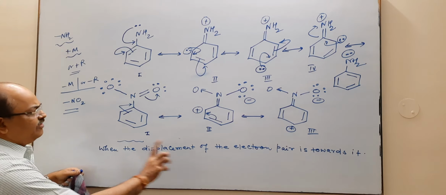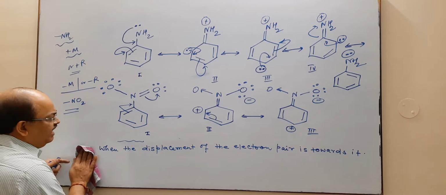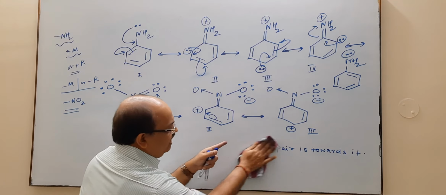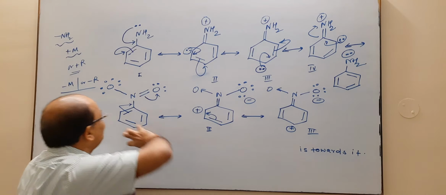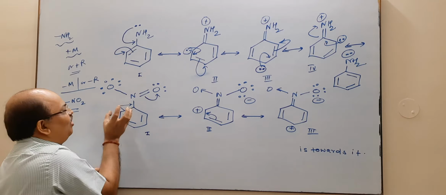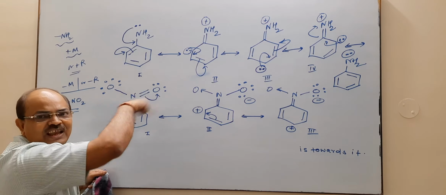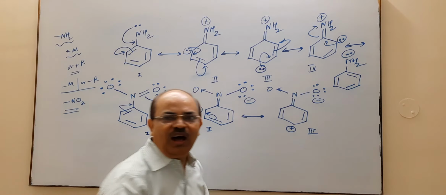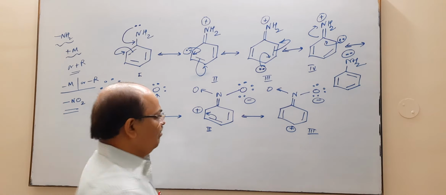Now in this case you just observe why it is minus M, because the displacement of the electron pair is towards the NO2 group. That's why this NO2 is your minus M or minus R.